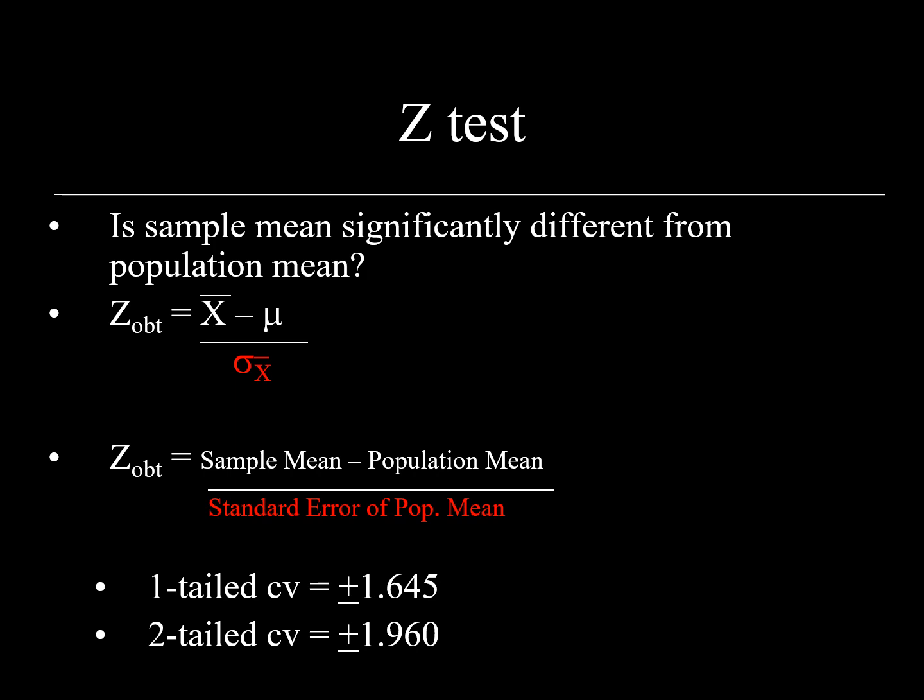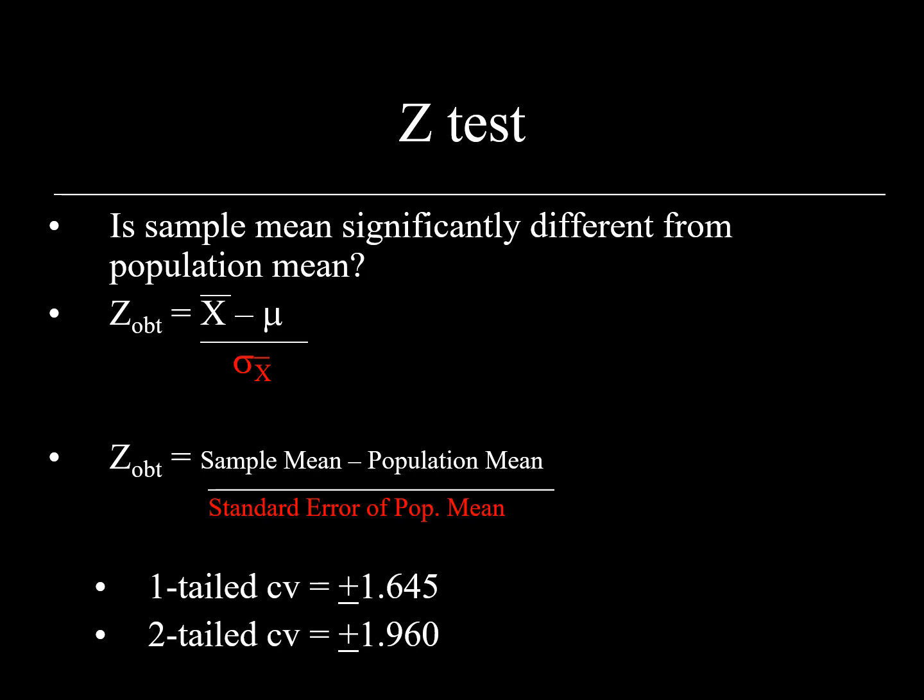So is a sample mean significantly different than the population mean? Again, we have our actual mathematical equation, and to write that out, it's the sample mean minus the population mean divided by the standard error of the population mean. And again, the two critical values to keep in mind is that if it's a directional test, that obtained test statistic needs to be above a positive or negative 1.645.